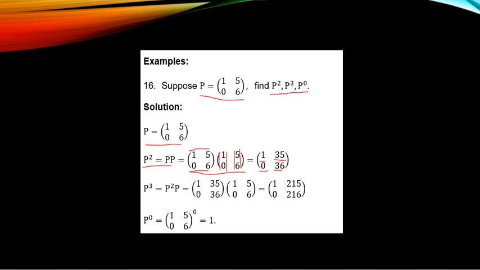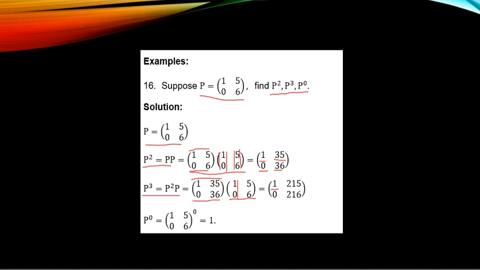So let's get P cube. Since square is contained in cube, instead of using P times P times P, let's write P cube as P square times P, where this is matrix P square times matrix P. You use the first row of P square to multiply the first column of P. That gives you 1.